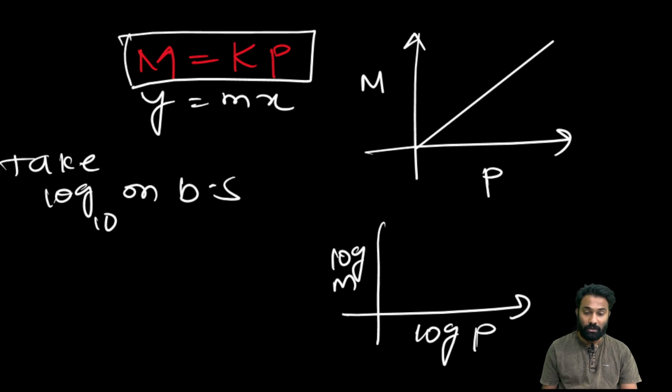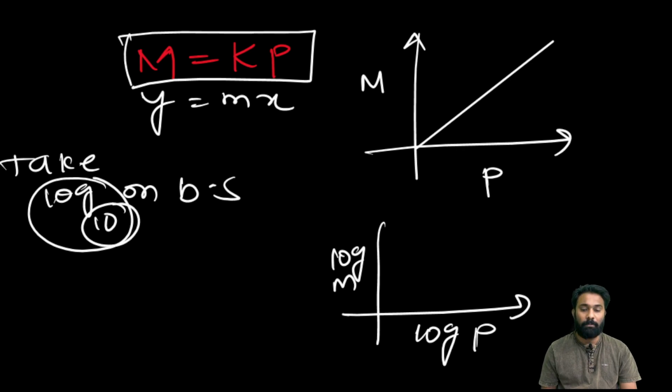Already I explained: whenever we deal with log values in chemistry, we deal with base 10 only. Don't apply the log bases you use in maths and physics. In chemistry, the base is 10 only.